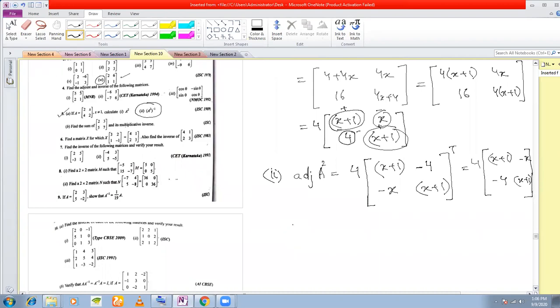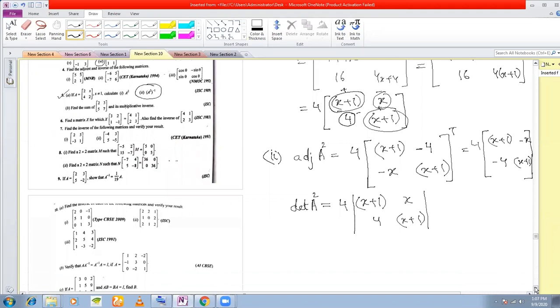Now we calculate the determinant of A square. In fact, I should have calculated the determinant of A square first. Fine. The determinant of A square is 4 times the determinant of the matrix x plus 1, x, 4, x plus 1. Now I check whether this determinant is not equal to 0.